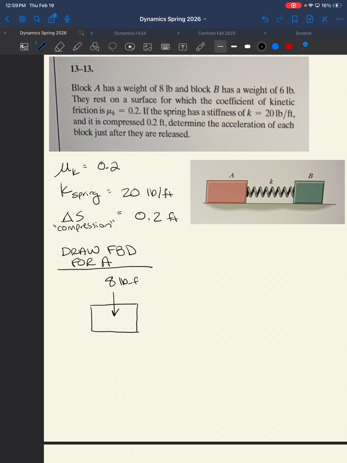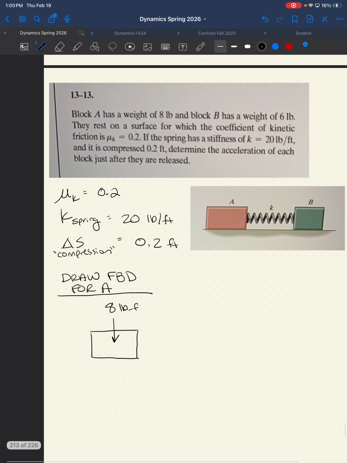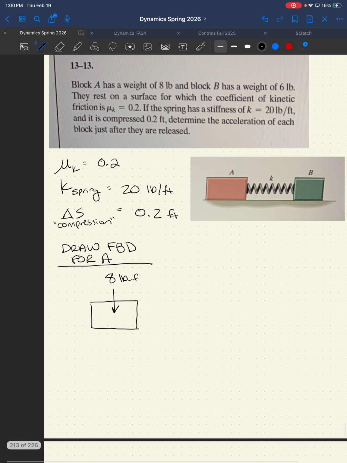I thought you meant like while it's being compressed, not like after it's released. It doesn't matter. It's the same. When a spring is in compression, it's going to push on stuff. When you take a spring and you stretch it out, it's going to pull your hands towards each other. It's going to pull on everything it's connected to.